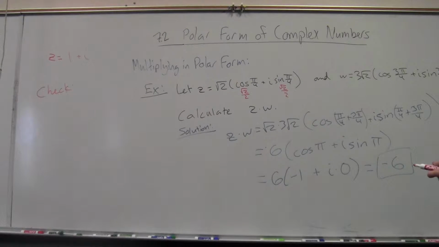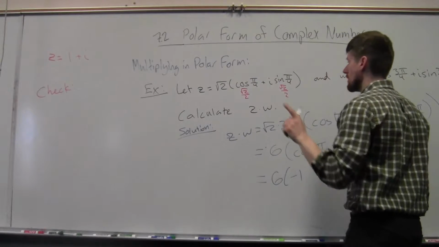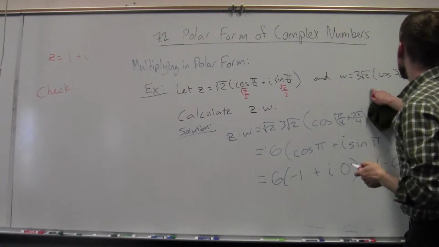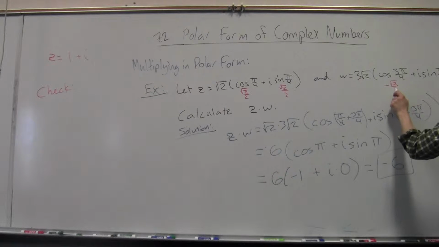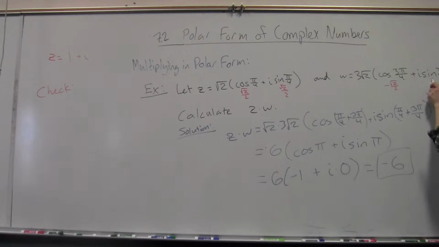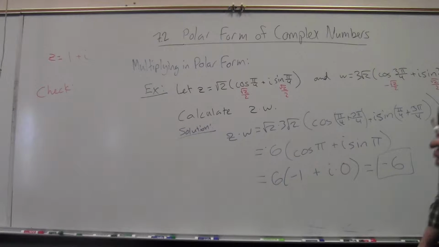Square root of 2 times root 2 over 2 gives me 2 over 2, which is 1. And w, if I figure out what these are, this one's negative root 2 over 2, and this one is positive root 2 over 2. Cosine of 3 pi over 4 is negative, and sine of 3 pi over 4 is positive.